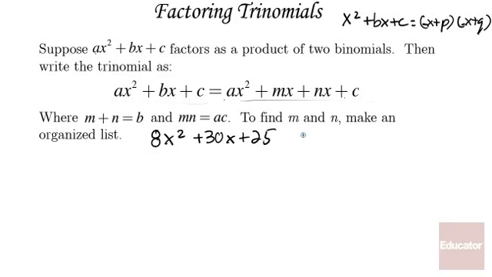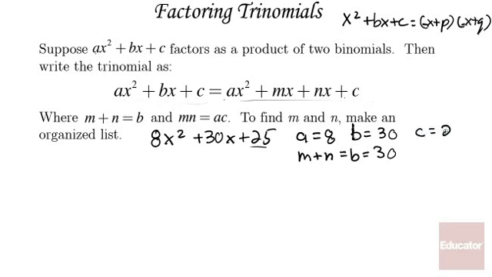So I know that a equals 8, and I know that b equals 30. Therefore, m plus n equals b, which equals 30. Okay, I have c equals 25.